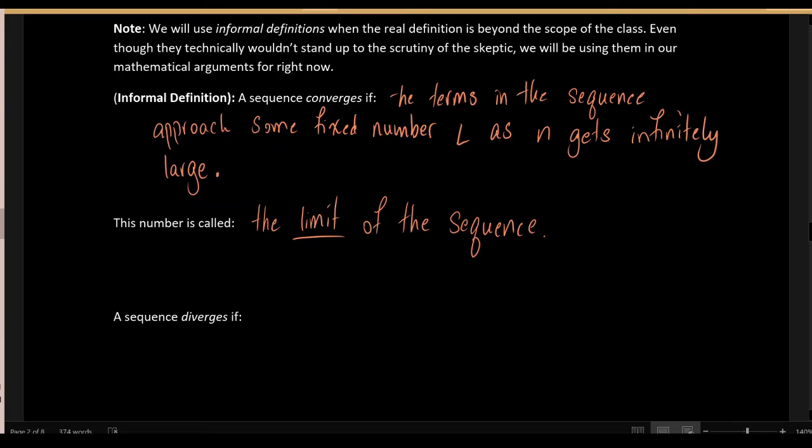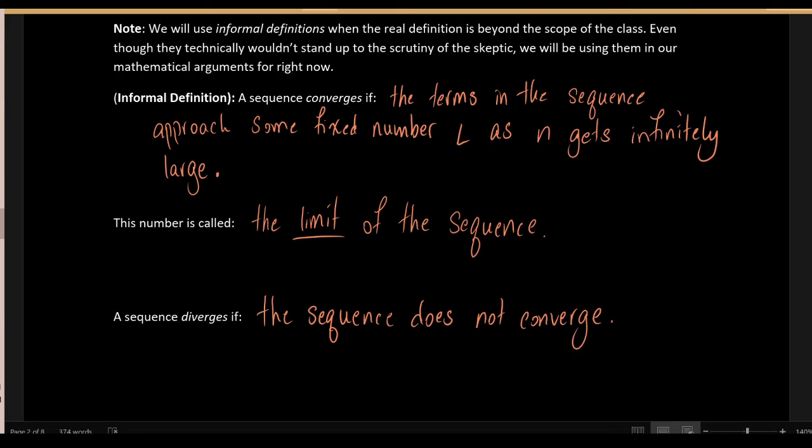Now we also have the word diverge, and diverge is simply shorthand for the sequence does not converge. Now in practice, this is almost identical to when we were doing limits at infinity of functions.